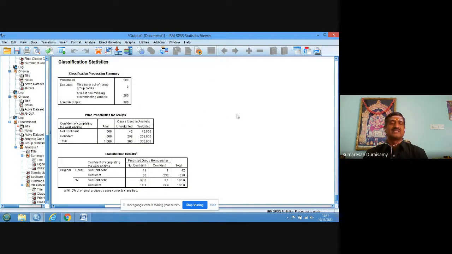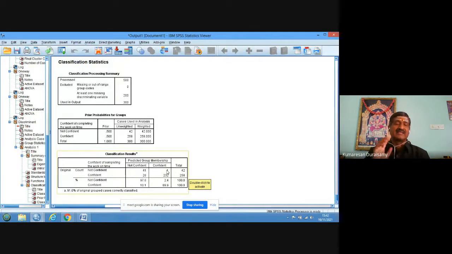Look at the classification summary, right? These two. We have classified 42 as not confident, and confident we have classified as 258. But after the analysis, the prediction says that only 41 can be considered as not confident. Out of these 42, 41 are not confident and one is supposed to be confident.